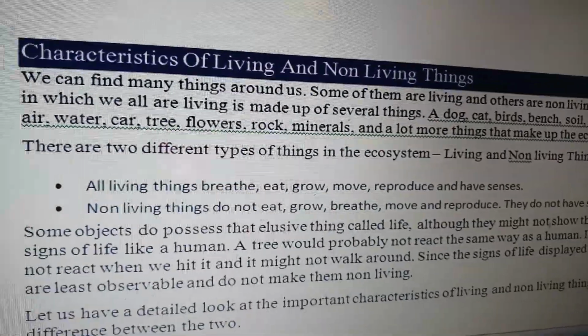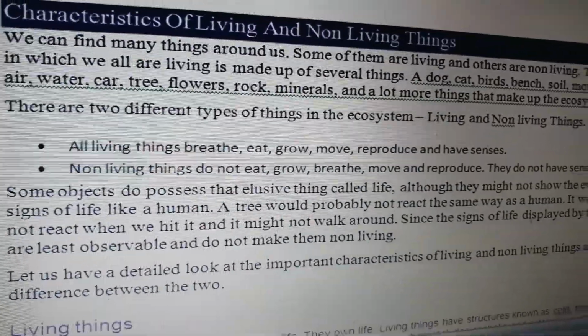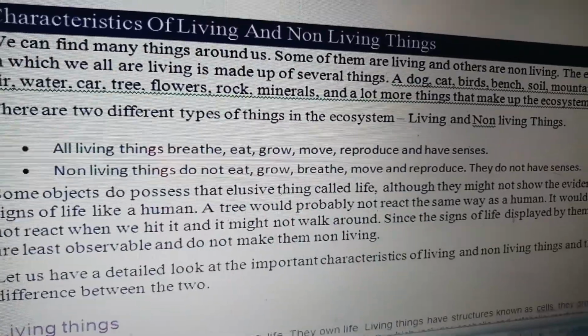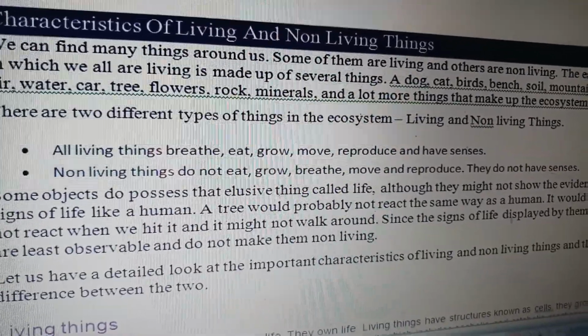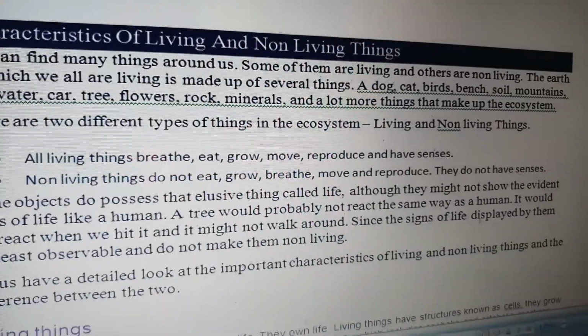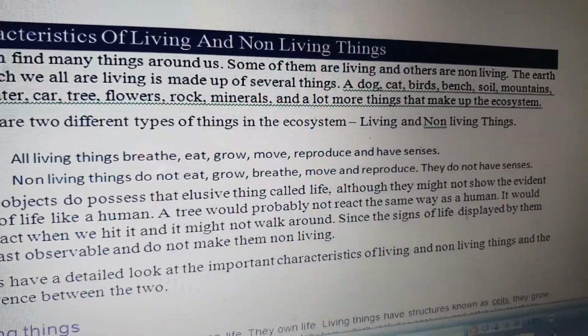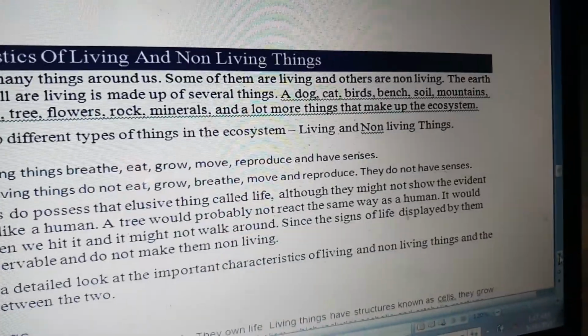As I explained, all living things breathe, eat, grow, move, reproduce and have senses. Non-living things do not eat, grow, breathe, move or reproduce. They do not have senses.